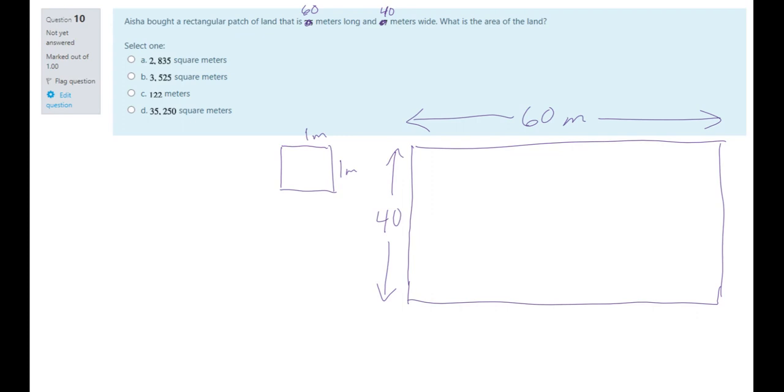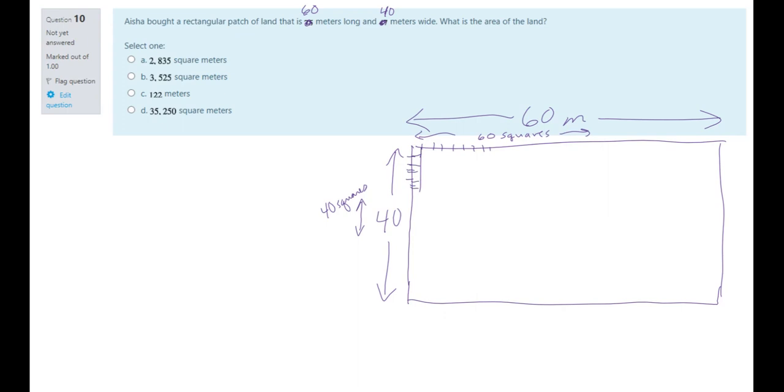And if I want to know how many of these squares, and this isn't drawn to the right scale, right? This is way smaller than what will be in here. What it means is that there's going to be 60 squares wide, or this way. And because this is 40 meters, we can fit in 40 squares this way. Okay, and those are going to make squares like a grid that are 40 down.